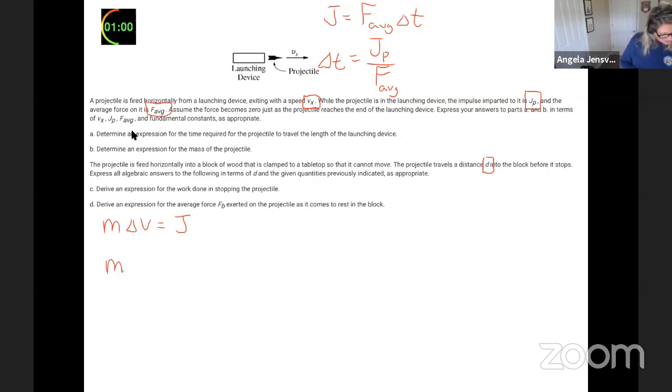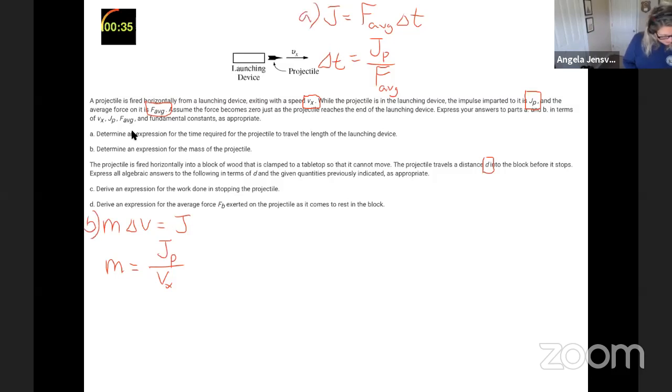So mass would be the impulse, which was J_p, divided by the change in velocity. The final velocity is Vx, and the initial velocity is 0, so it's just minus 0. Remember, this is when it's being launched. It starts at rest, and it gets launched at a speed of Vx. So this question is when it's being launched. Okay, that was part B.